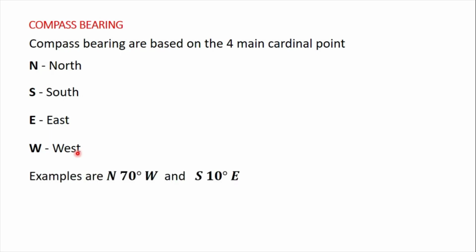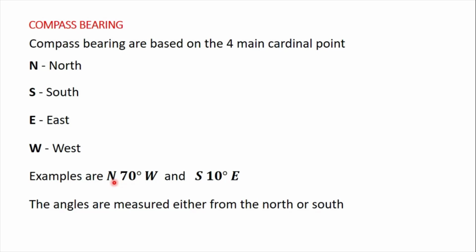Examples are N 70 degrees W and S 10 degrees E. So N 70 degrees W is read as north 70 degrees west, and S 10 degrees E is read as south 10 degrees east. So where you see N, it means north, W means west, S means south, and E means east.